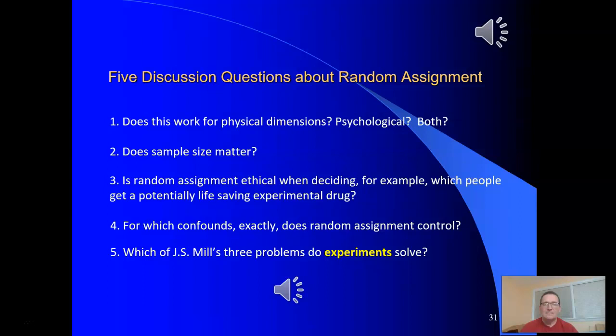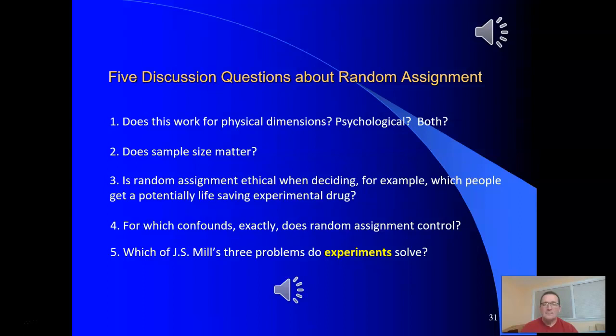So if an experiment is successful and yields results that the researcher probably expected to observe, or yielded a different pattern that turns out to replicate well, they really solve all 3 of those problems. You have covariation, 2 groups look very different at the end. You have temporal sequence because you had control over when the manipulation happened.